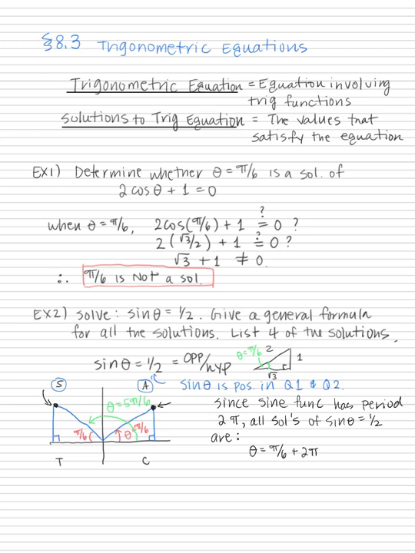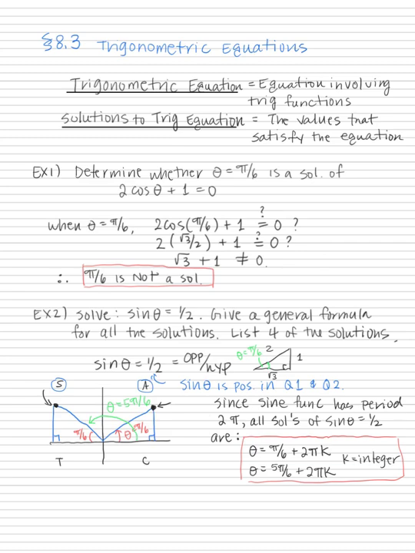How do you denote that? It is 2 pi k, where k is an integer. Integer means 0, -1, -2, 1, 2, 3, and so forth. And then also theta equals 5 pi over 6 plus 2 pi k. So these are all the possible solutions that we can get. Let me just box that.